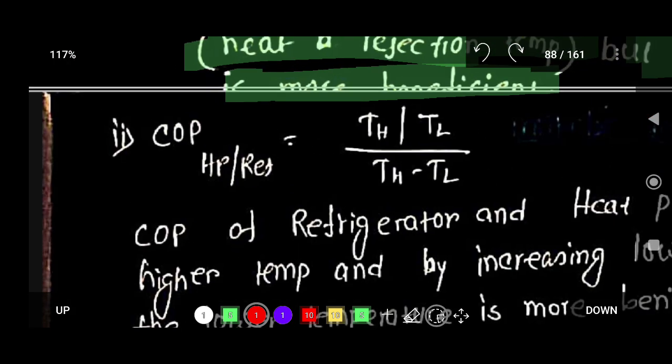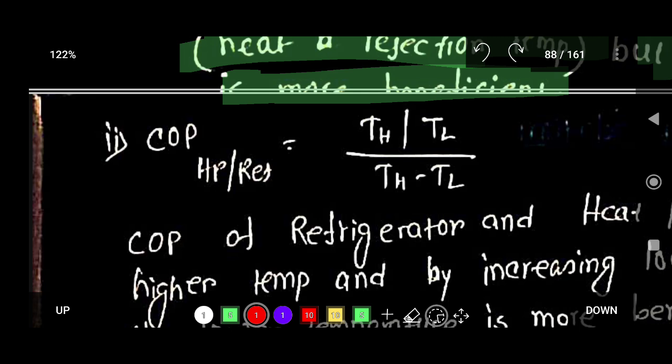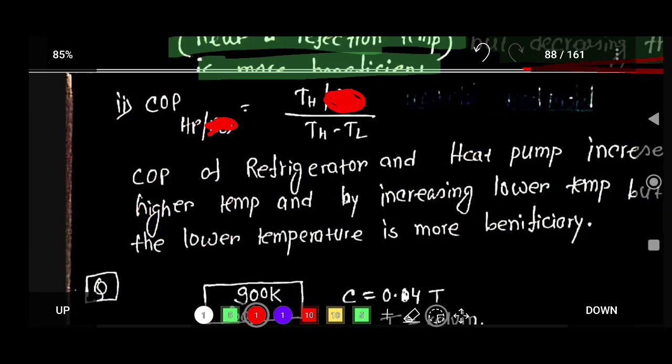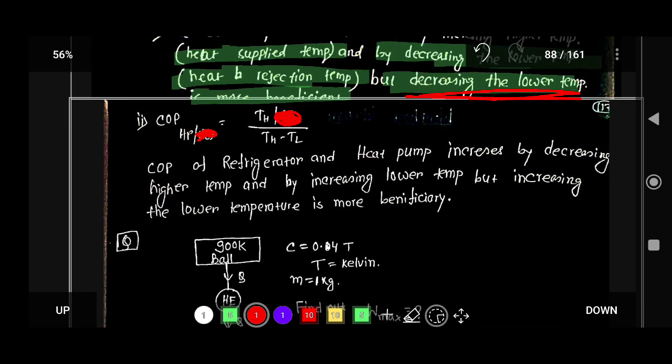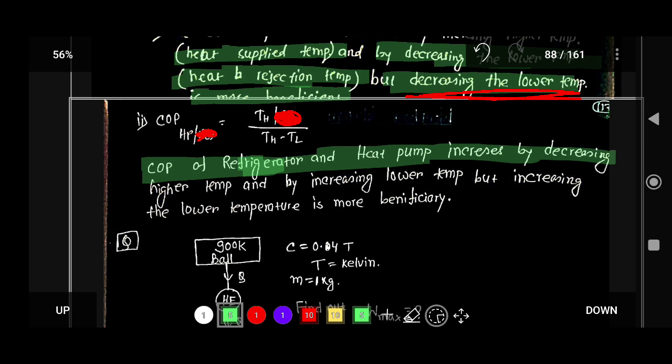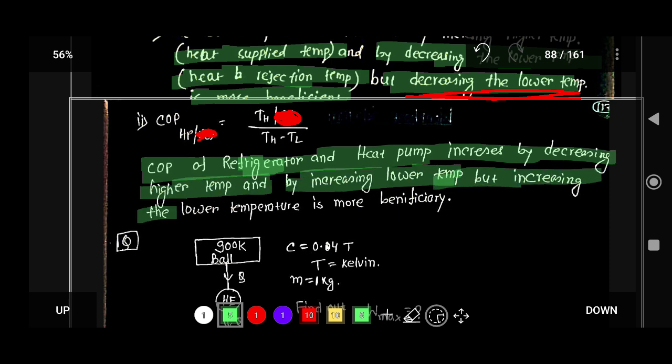Okay, in the same way, if you want to calculate for a heat pump, suppose consider there is a heat pump. We know that the formula of the heat pump COP is TH upon TH minus TL. The COP of a refrigerator or heat pump increases by decreasing the higher temperature and by increasing the lower temperature, but increasing the lower temperature is more significant.